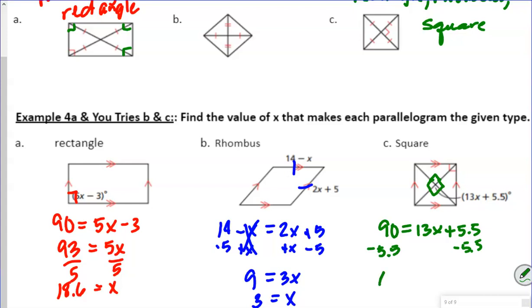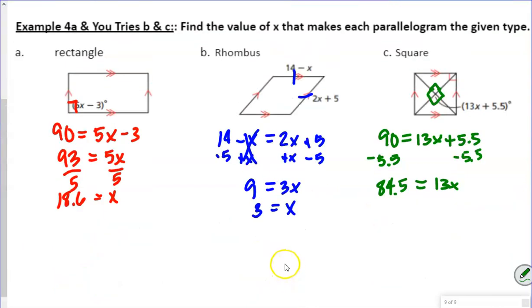That's going to give us 84.5 is equal to 13x, and then we're going to divide both sides by 13. So x is equal to 6.5. All right, we're done.